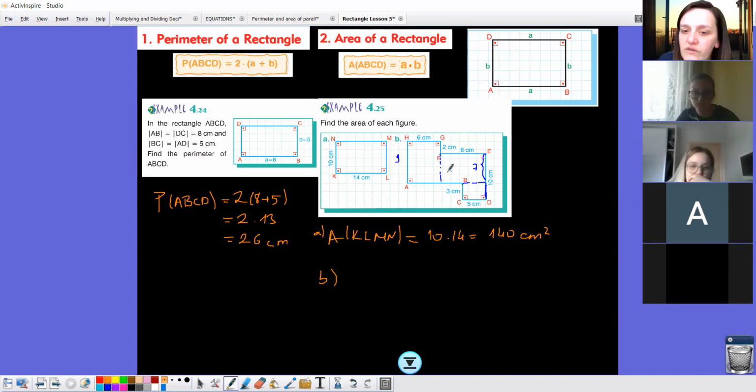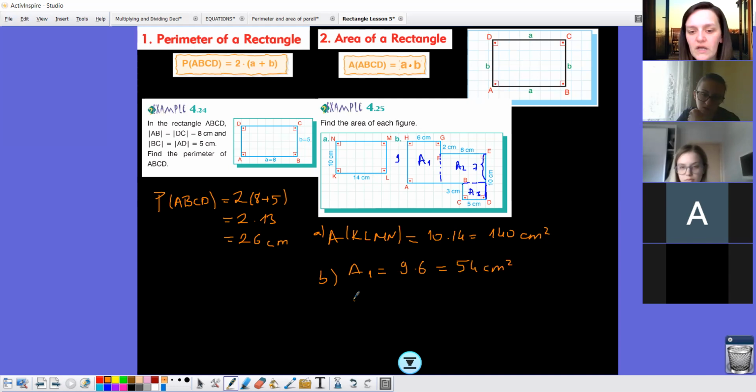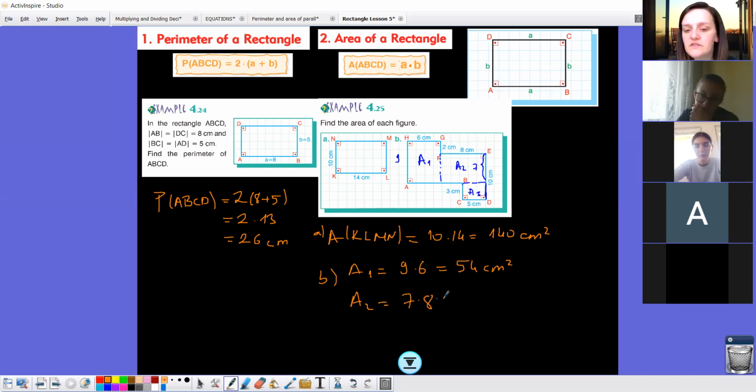So if I say this is area 1, area 2, area 3, it will be better. Area 1 will be 9 times 6, which is 54 square. Area 2 is 7 times 8, which is 56 square. And area 3 will be 3 times 5, which is 15 centimeters square.